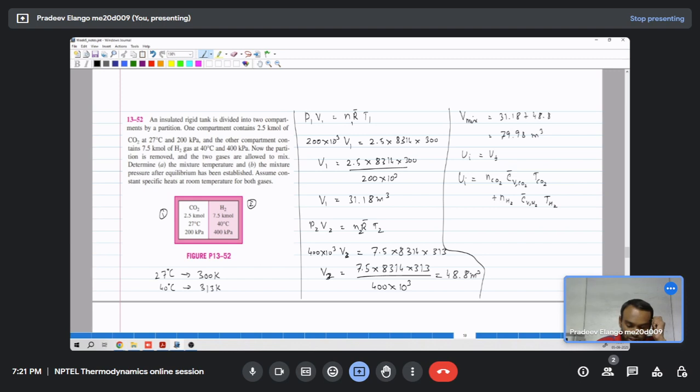Here we do not know the molar basis constants specifically, and we know gamma for CO2, since it is a triatomic gas, it is 1.33, and gamma for hydrogen is 1.4 because it is a diatomic gas.